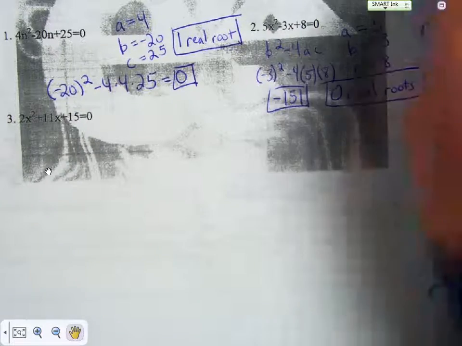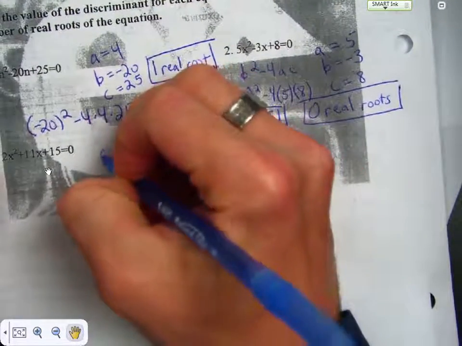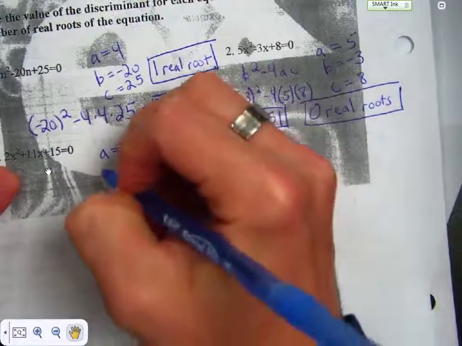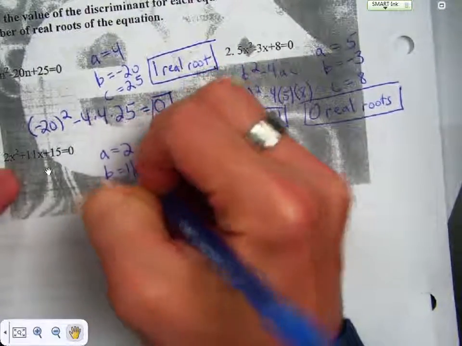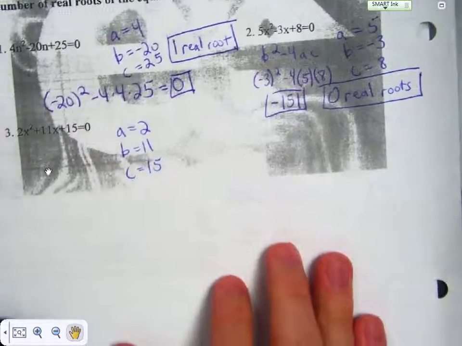All right. I'll start to put down what A is, what B is, what C is. Don't worry, I won't plug it in right away. A equals 2. B equals 11. C equals 15. Some pretty big numbers.